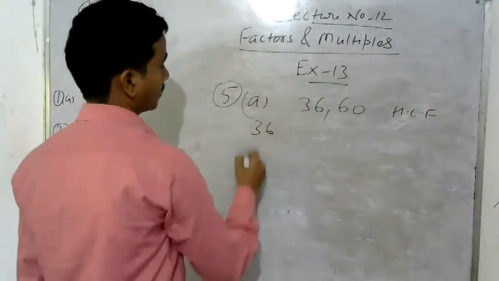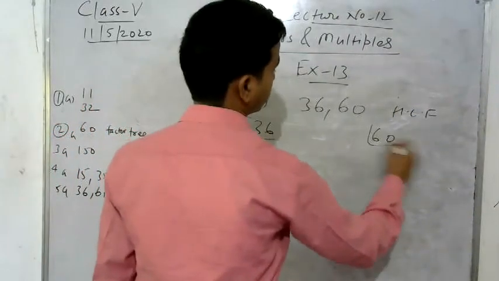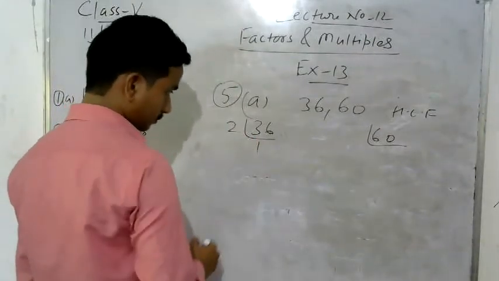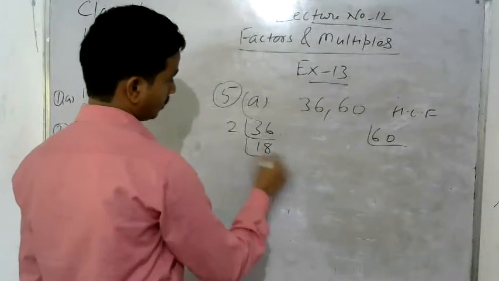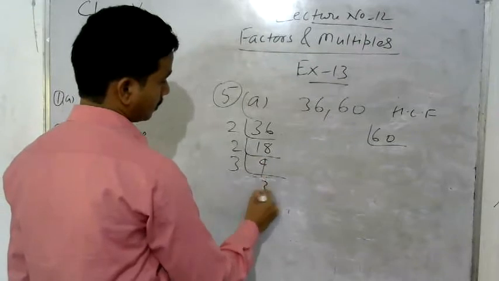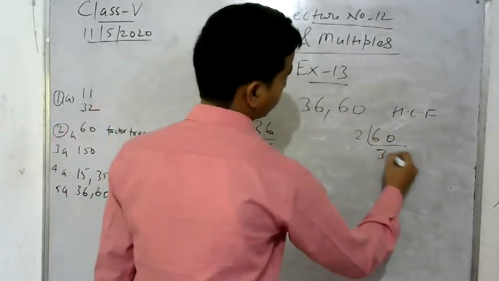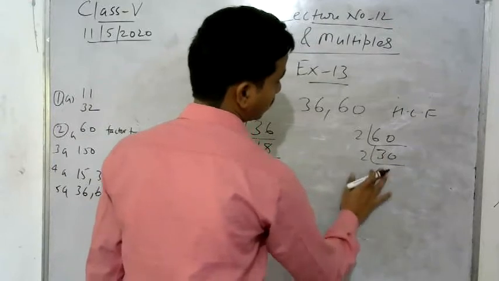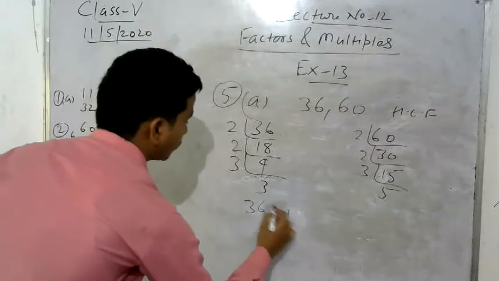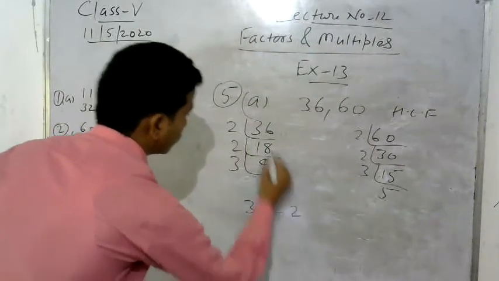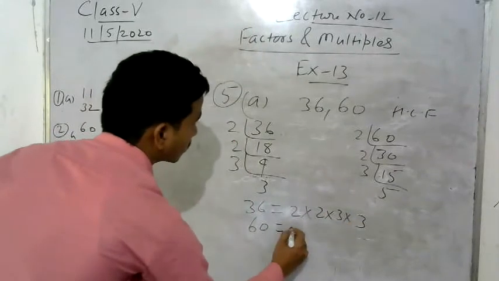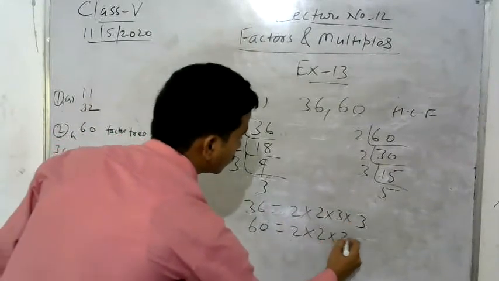First of all, find the prime factors of 36 and find the prime factors of 60. 2, 18, 2, 9, 3, 3. 2, 30, 2, 15, 3, 5. So what are all the prime factors of 36? 2 into 2 into 3 into 3. And what are all the prime factors of 60? 2 into 2 into 3 into 5.